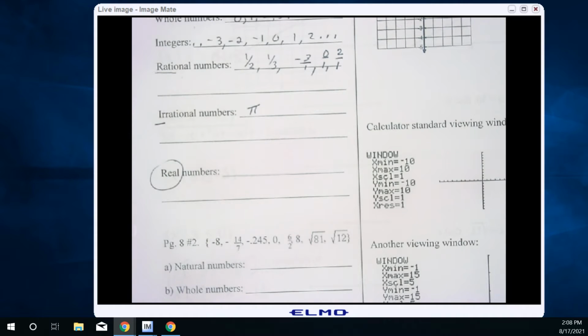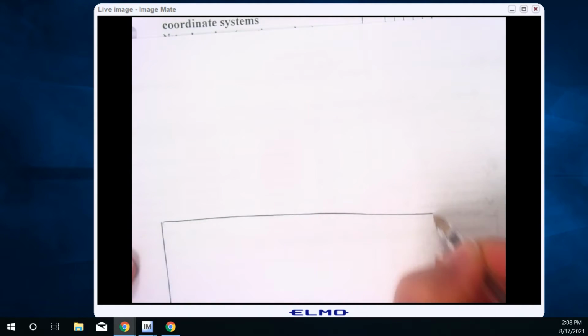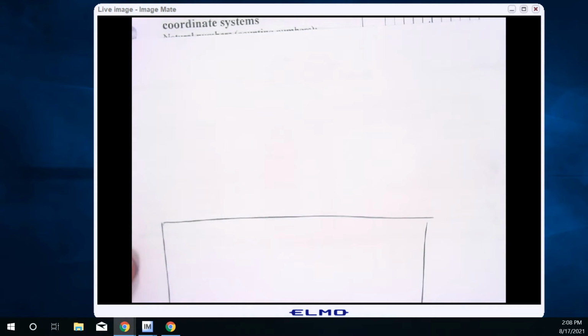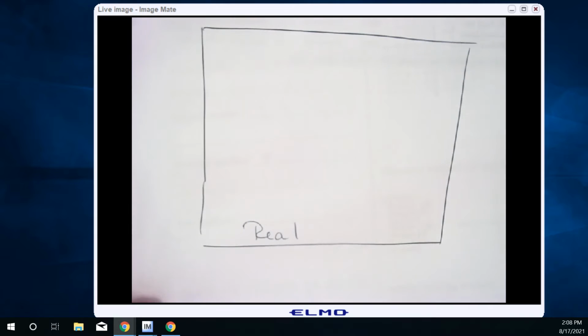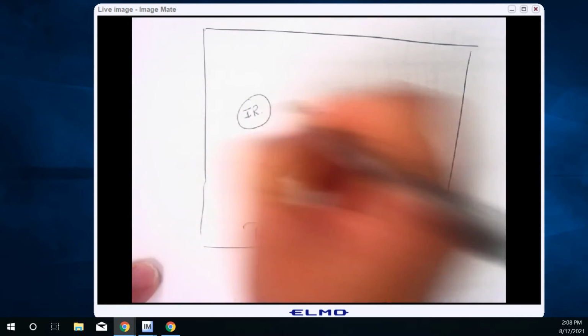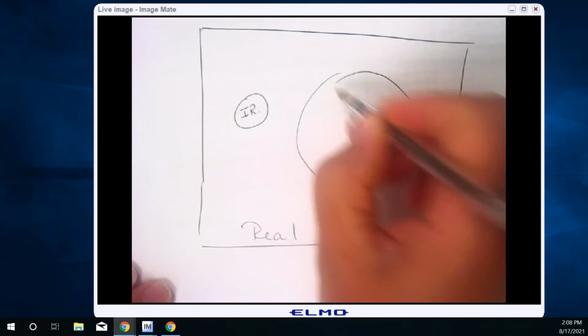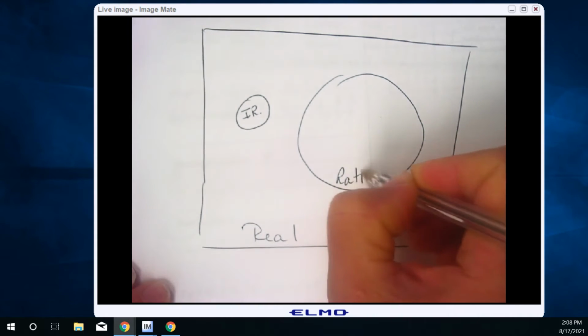Now, if you're looking at the idea of a set of numbers, here's our bulletin board, because you know I'm a teacher. Here's the bulletin board, and it has the real numbers. Over here we have the irrational numbers, and over here we have the rational numbers.